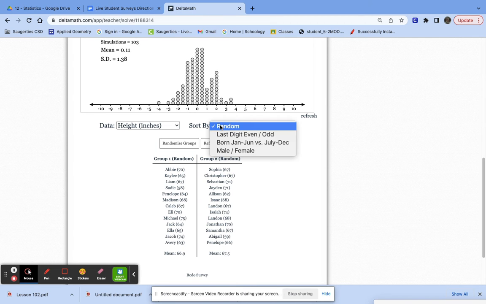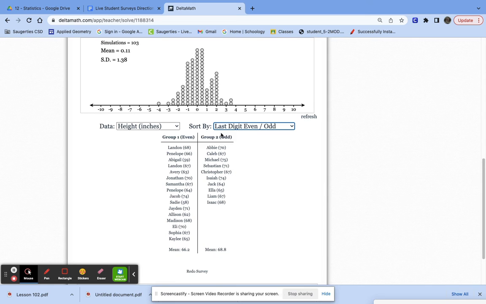So now I'm going to sort this by last digit of your phone number. When I sort by last digit of the phone number, I get 66.2 over here and 68.8. So if I subtract those two, that's a mean difference of -2.6.